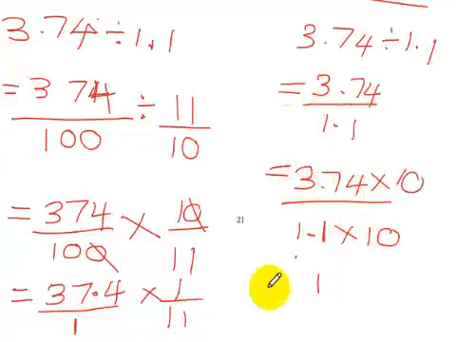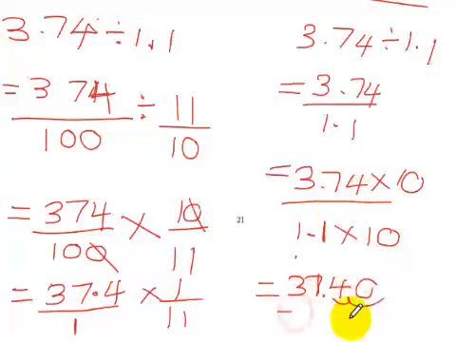So here I get 37.40. There are two decimal places, so I put the decimal point here, giving 37.4. Here 11 into 10 is 110. There is only one decimal place, so I put one decimal place here, giving 11.